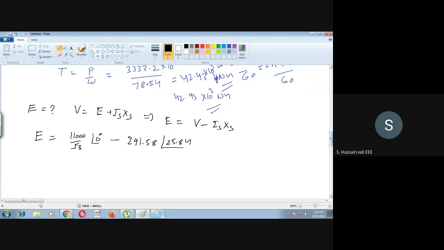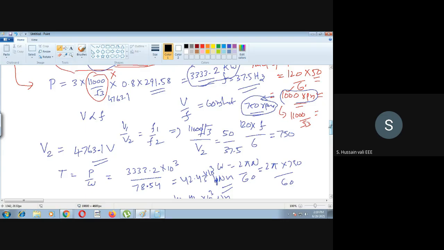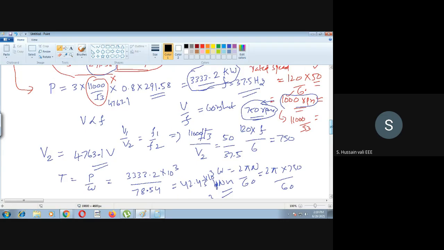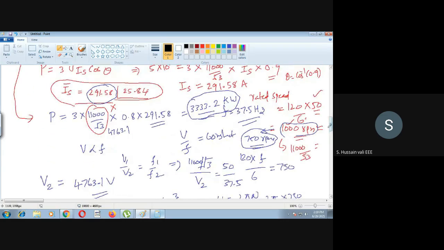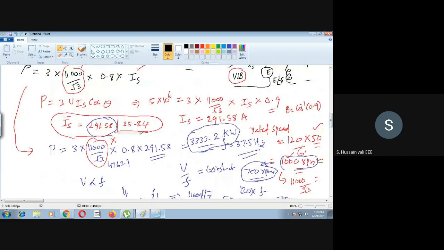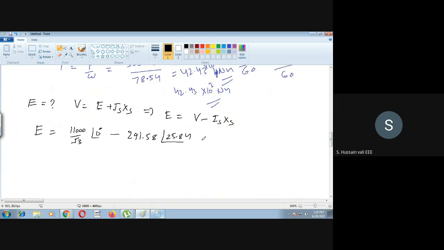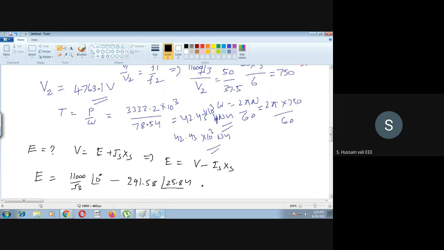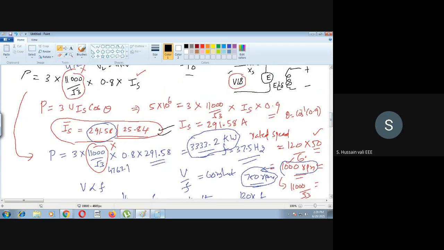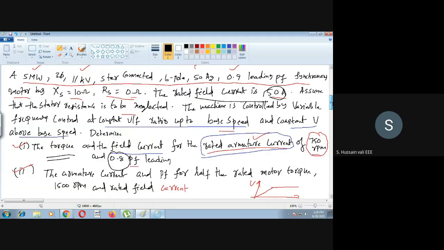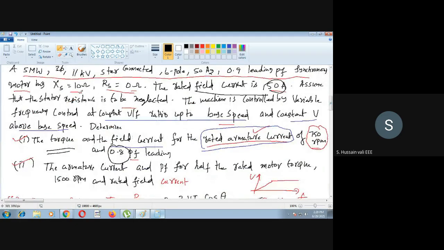Why 25.84? Because the power factor is now leading 0.9. The rated value is 0.9. Yeah, you see here, directly we got this answer. So 291.58 at 25.84, into XS. What is the XS value? You see, in the question he has given XS value, 10 ohm.